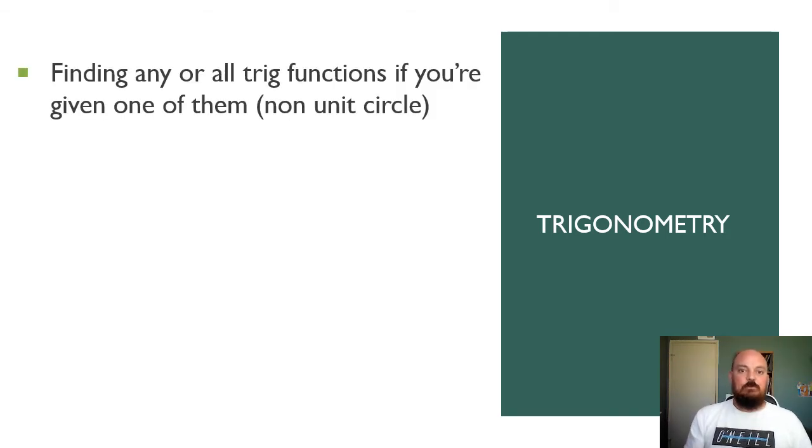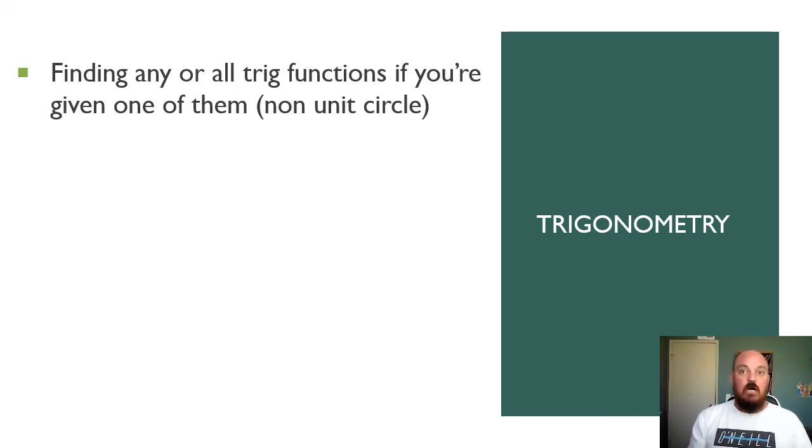So let's go ahead and talk about our next problem type. We've done a question like this using the unit circle, where I ask you to find any or all trig functions. I might just say find sine theta, or I might say find all 6 trig functions for theta. We did it with the unit circle, and now we're going to say, what if it's not a unit circle value?